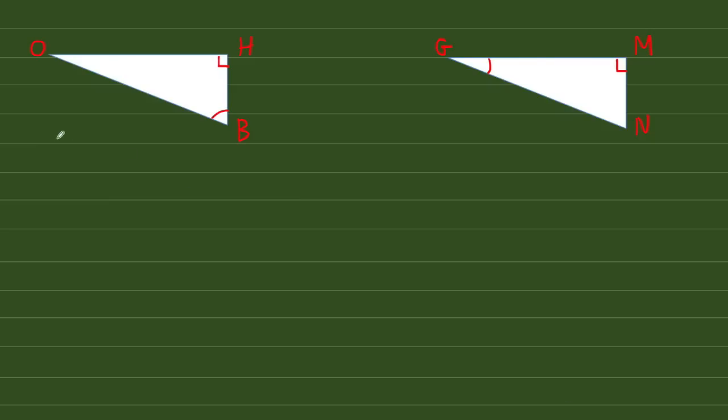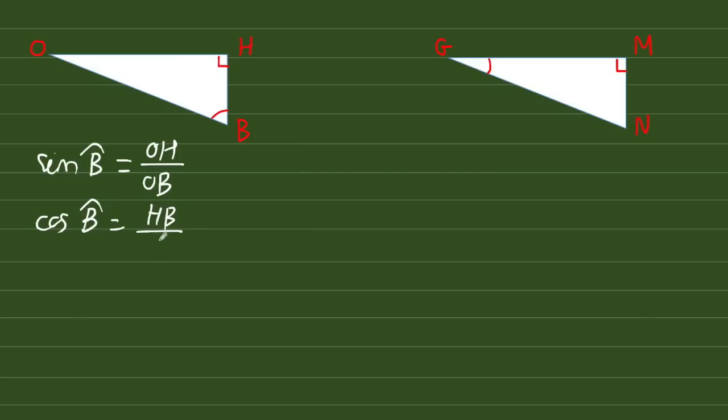Okay, question B. Angle B, you will have sine B, opposite divided by hypotenuse, OH over OB. About cos, adjacent is HB divided by hypotenuse OB.